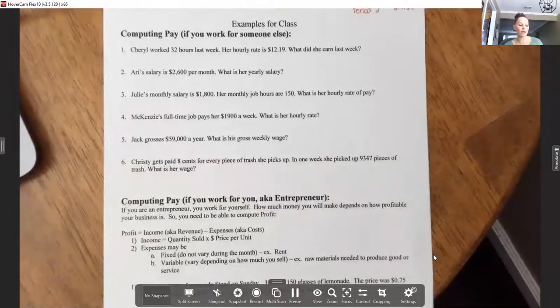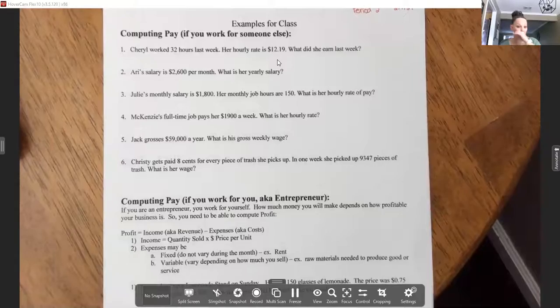You will want a calculator. Yes, you can use the calculator on your phone, but if we were in class, no, I would have calculators for you. You can just use a simple calculator. It doesn't need to be anything fancy. I have my graphing calculator here because I didn't bring a big one from my classroom.